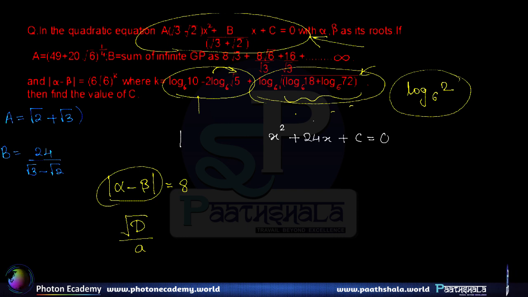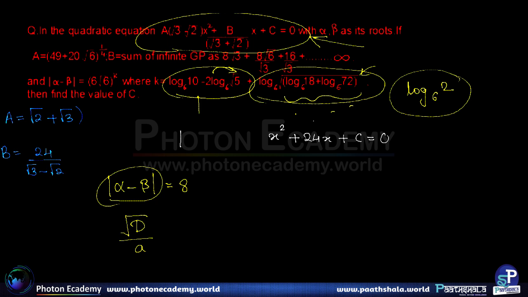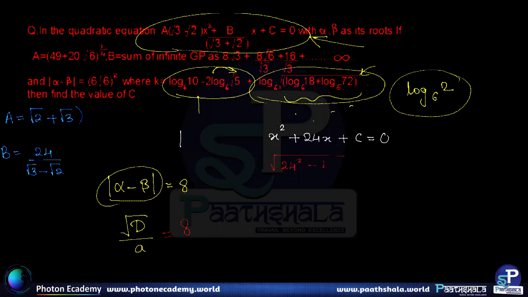Okay. So now we are given that under root d upon a is equal to 8. So substituting the appropriate values, we have under root d will be 24 square minus 4ac, so that is minus 4c, upon a is 1, so that's fine. This is equal to 8.